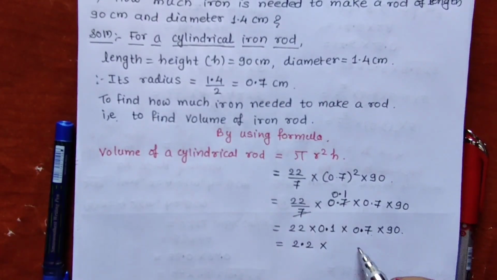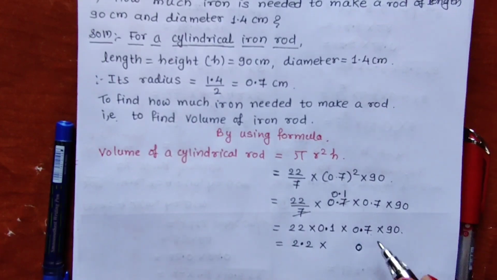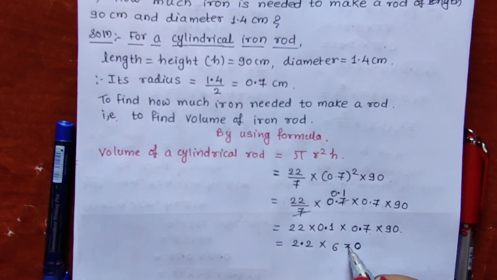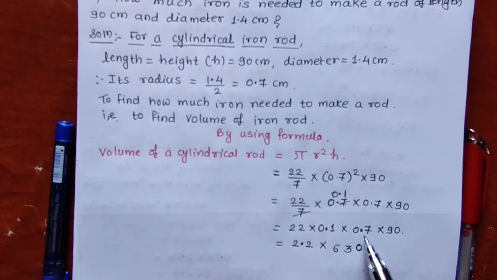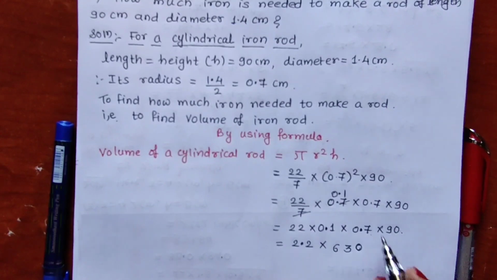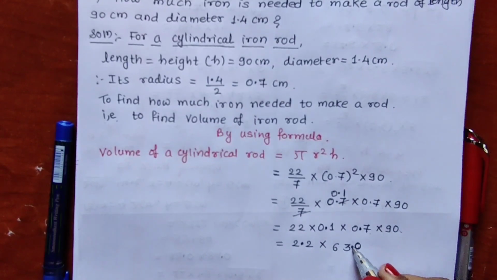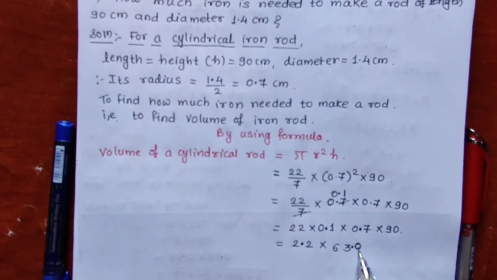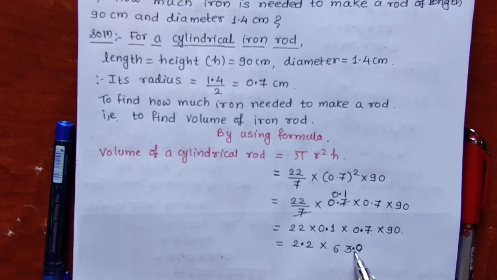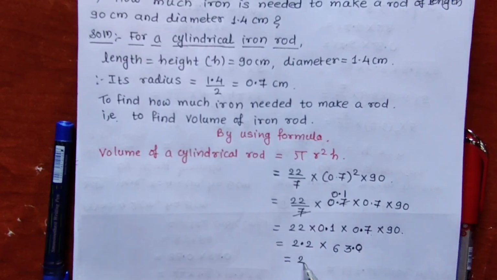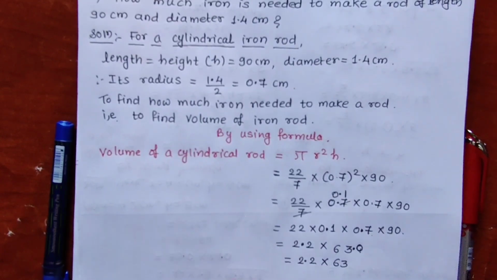So 7 zeros are 0, 7 nines are 63. Okay, now see children, here after the decimal point only one digit is there, so we will be putting the decimal point here after 3, so there will be only one digit, so we are getting 63.0. So 63.0 means 63. So 2.2 multiplied by 63, this multiplication we will have to do now.